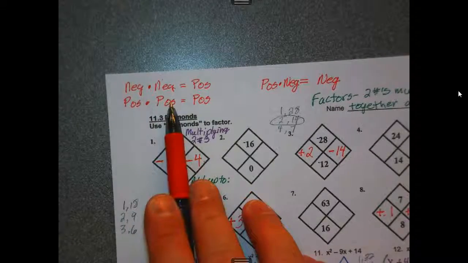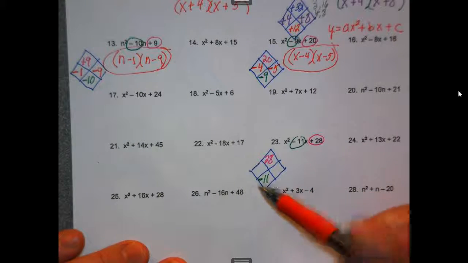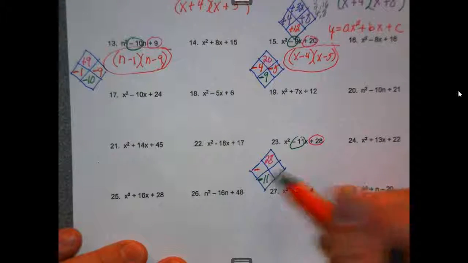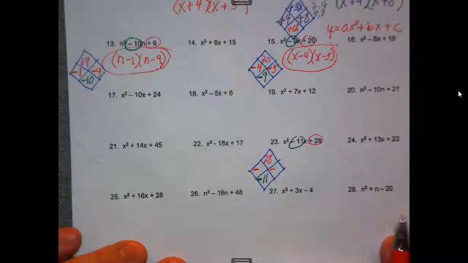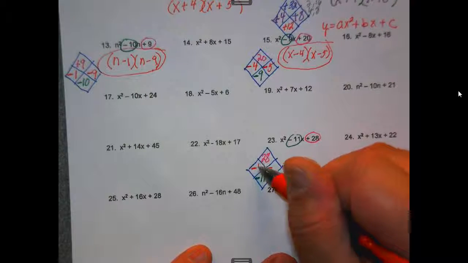They either have to be negative times a negative or positive times a positive. Since they're adding up to a negative, both have to be negative. 4 and 7, yep.